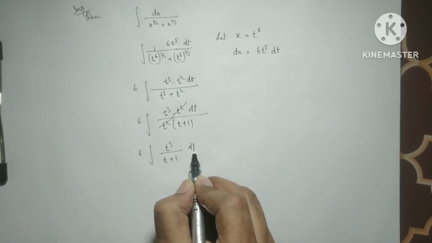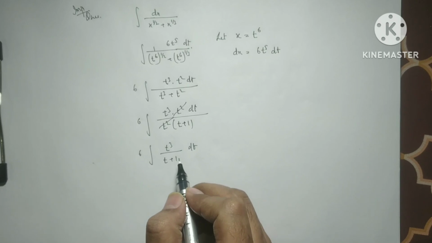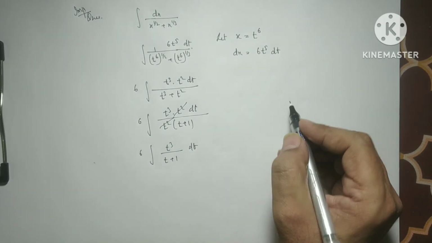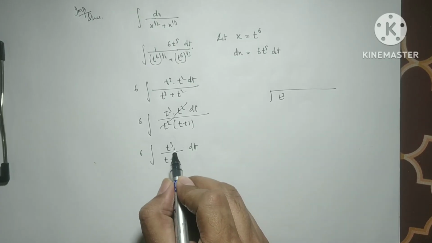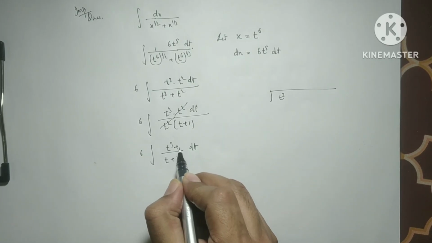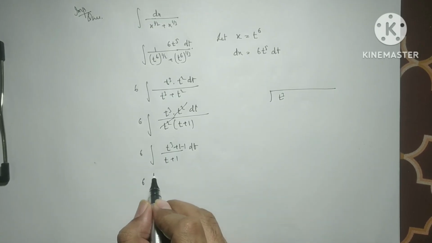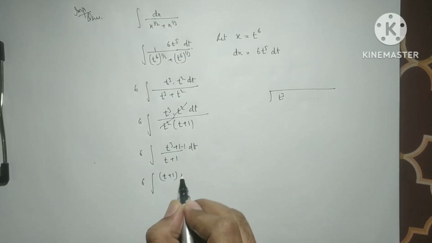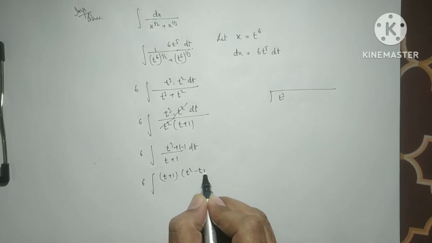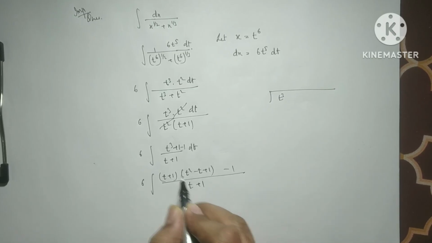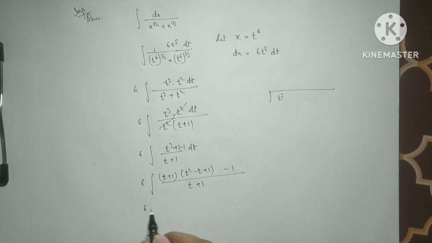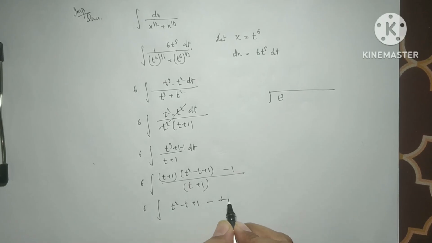Right now the degree of numerator is higher than denominator, so we go for long division. So it is t cube, and we will add 1 and subtract 1. So it becomes (t plus 1)(t square minus t plus 1), and this is minus 1. So we can manipulate like this also. So it is 6, this one will be cancelled out, then you get t square minus t plus 1 and minus 1 over t plus 1.